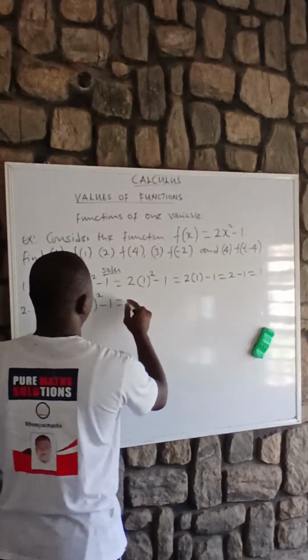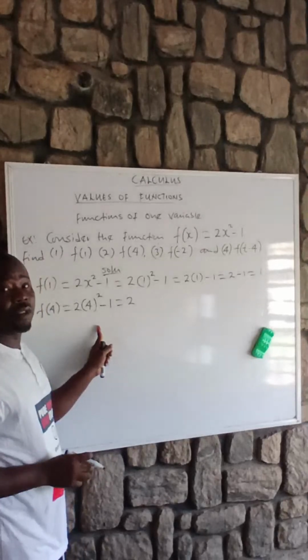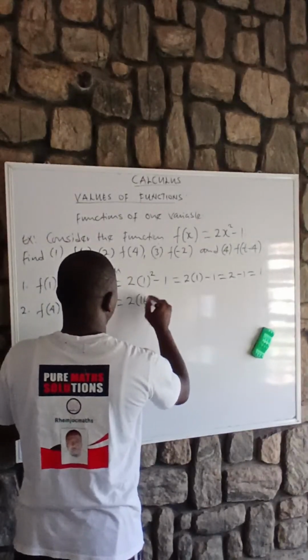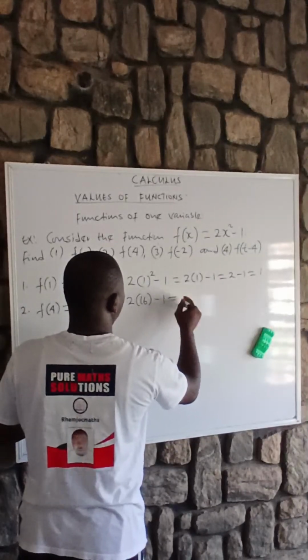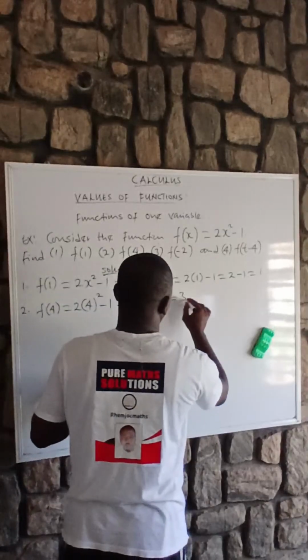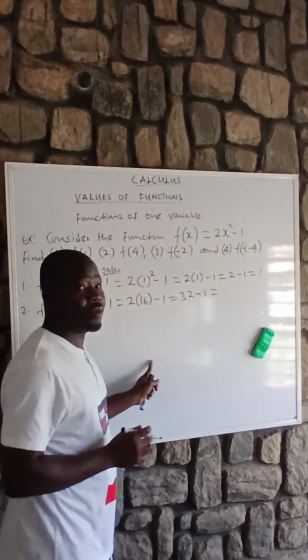Then this is the same thing as 4 squared, means 4 raised to the power 2, means what? 4 times 4, right? This is 16, then minus 1, equal to 2 times 16, 32 minus 1. 32 minus 1 will give us what? 31, right?